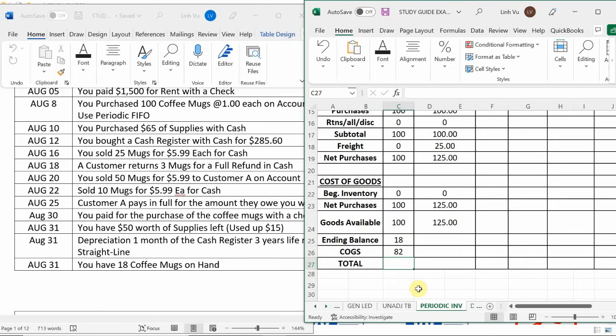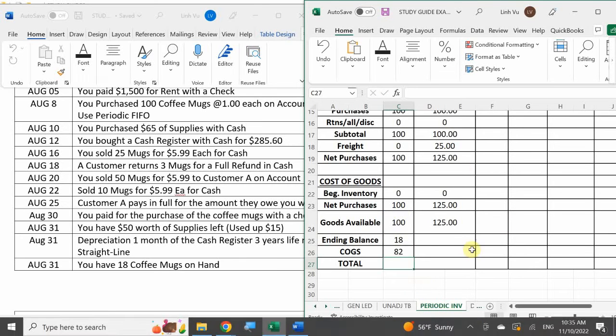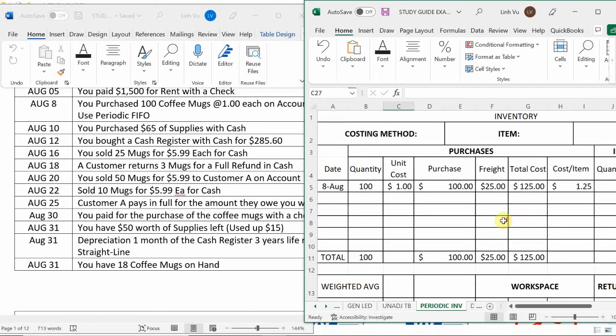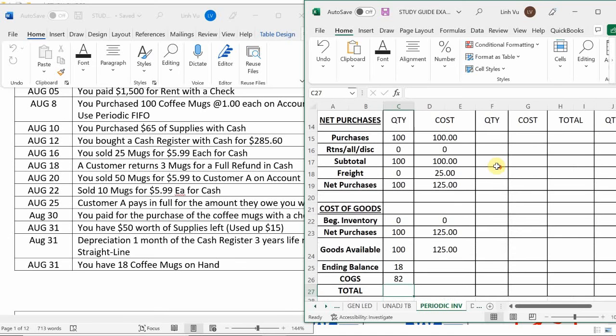You sold 82 coffee mugs. This one's straightforward because you only have one batch of inventory. We already solved for the cost per item: it's $1.25 per mug, because we didn't make any returns or any discounts.